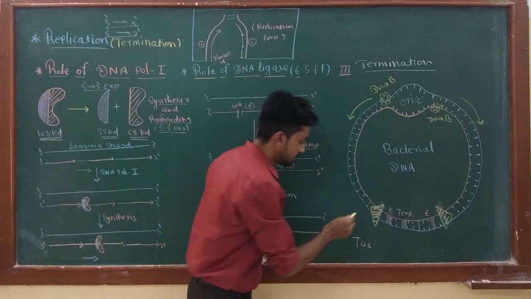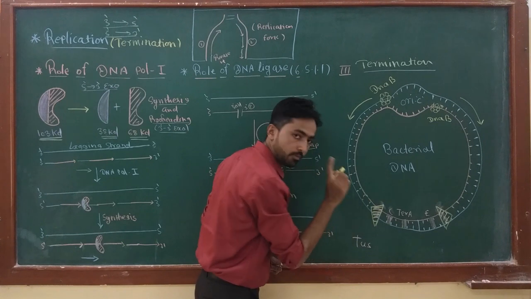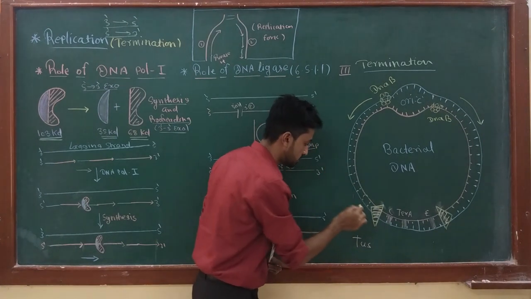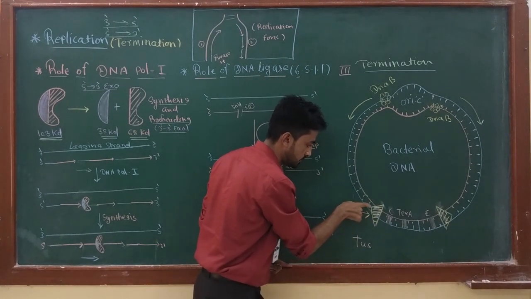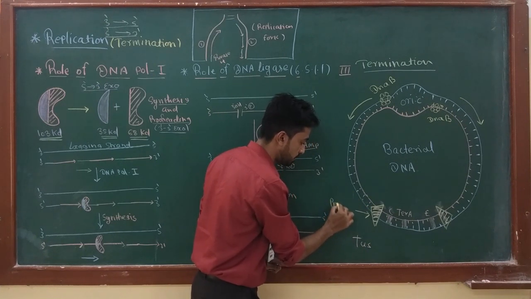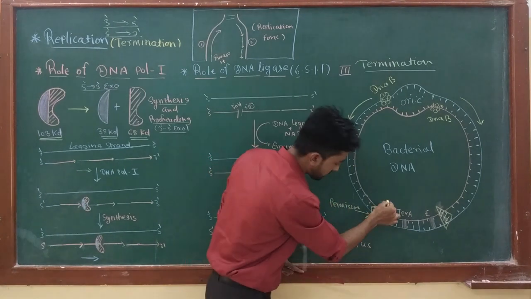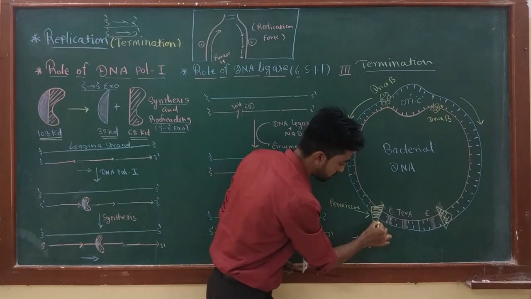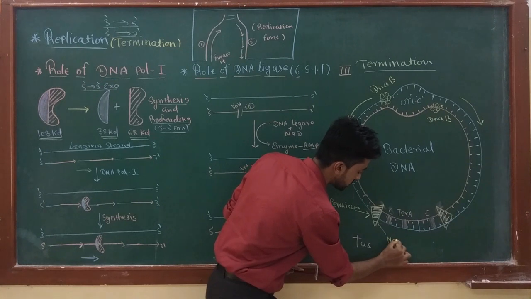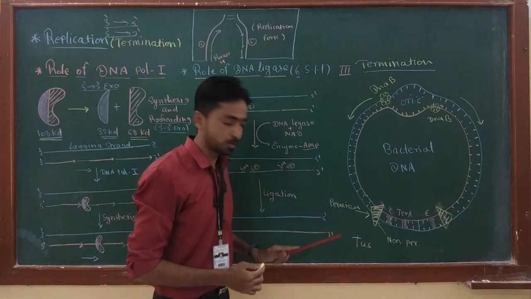Now what happens? The TUS protein which is bound on the TER site has two different sites. The first site, on this portion, is called the permissive site. The other, flat site is called the non-permissive site. What is permissive and non-permissive?